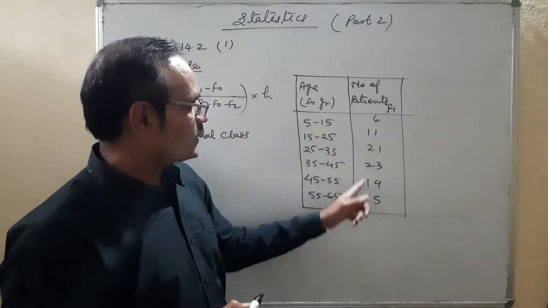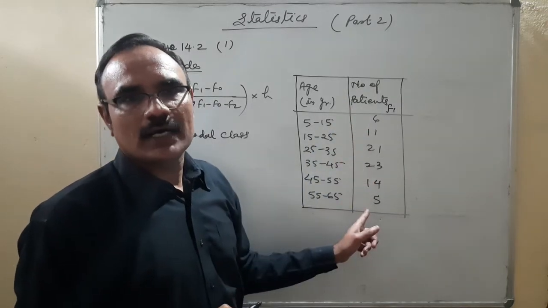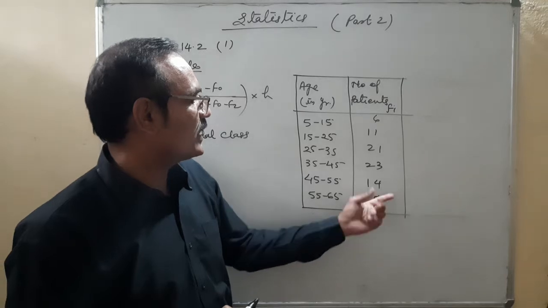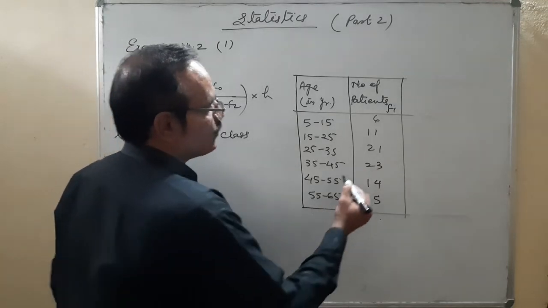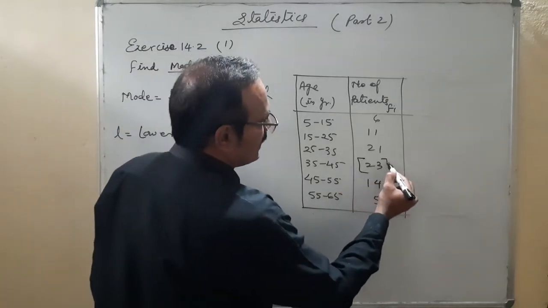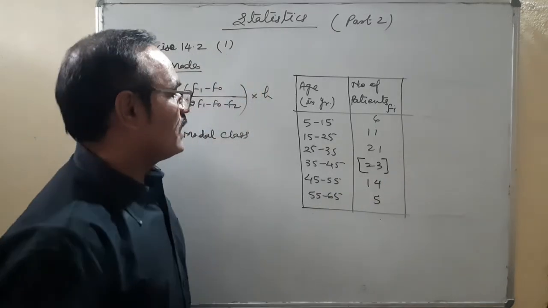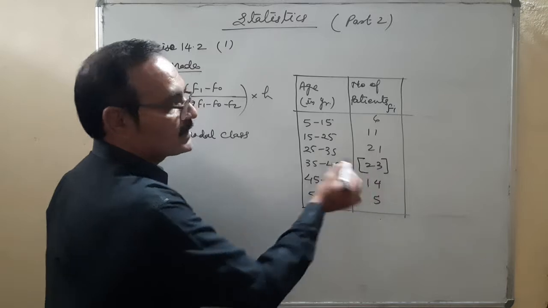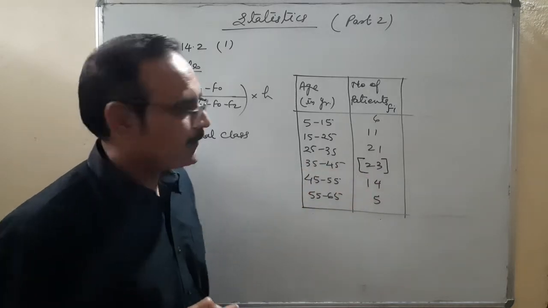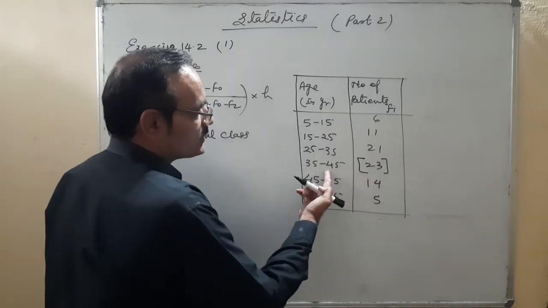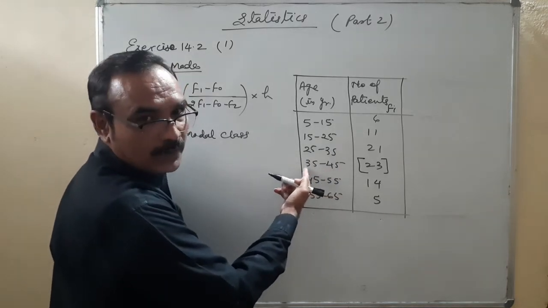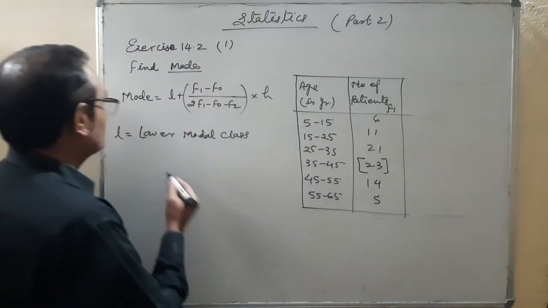Here you can see the highest number among 6, 11, 21, 23, 14 and 5 is 23. This is the maximum number of times. That means for the age group 35 to 45, the number of patients is 23. So in front of this, in the class interval, L is the lower limit. So L is equal to 35.